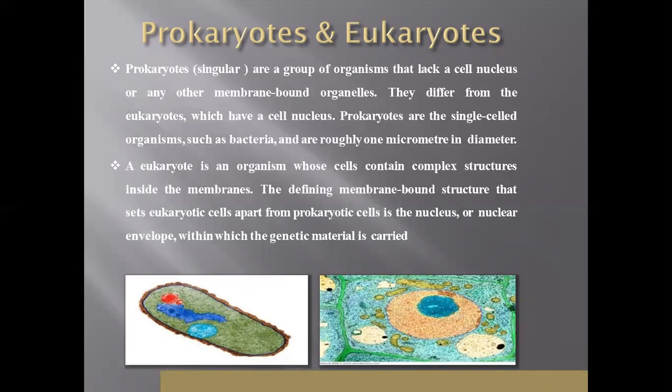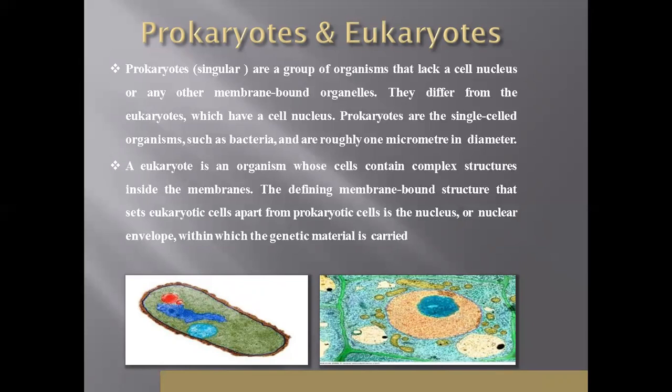So pro-karyon is a primitive nucleus, the older one, not advanced. Eukaryon is the advanced nucleus. So prokaryotes have a primitive type of nucleus. That means they don't have a well-defined nucleus, and membrane-bound cell organelles are absent.